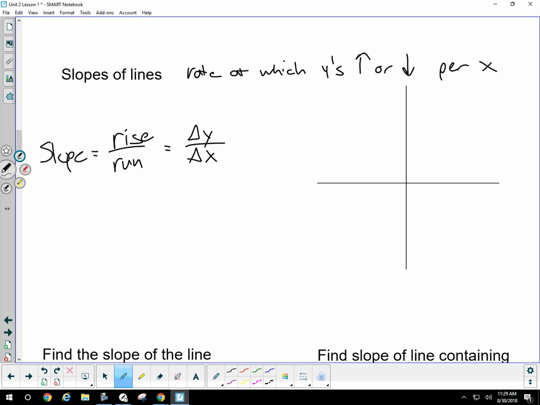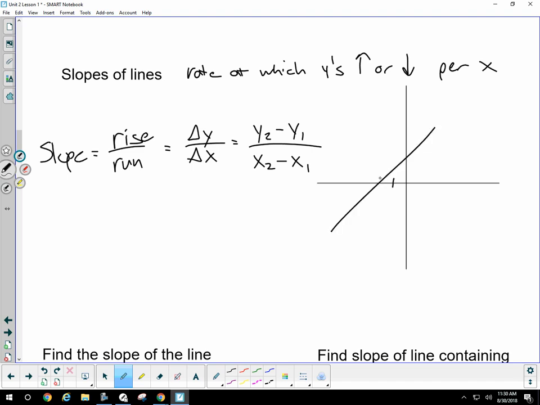That triangle is the mathematical symbol for change. And to find some change, you can just subtract two y coordinates together from two different points and subtract two x coordinates together. Take this line.